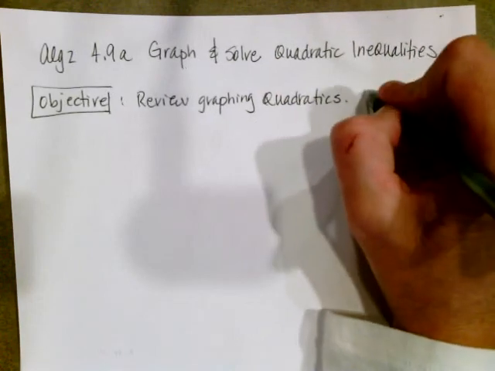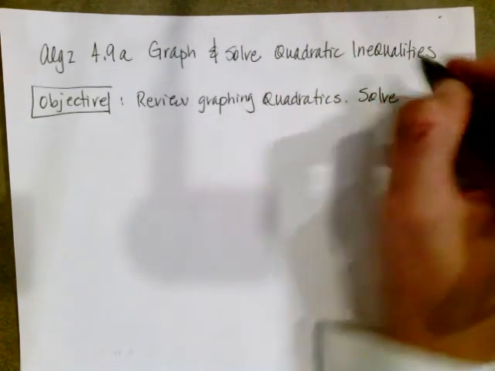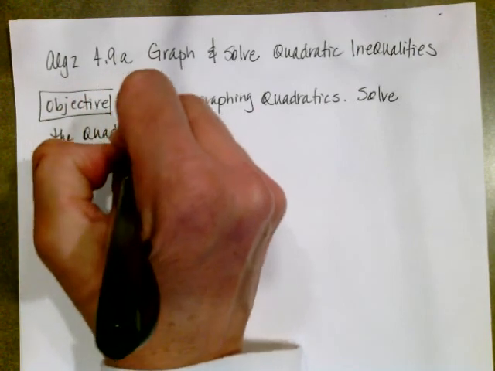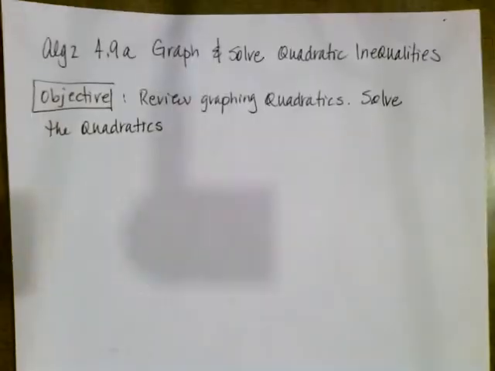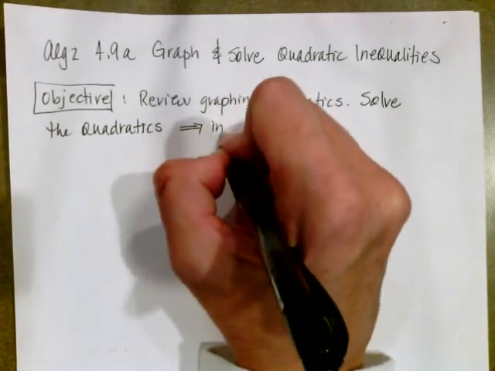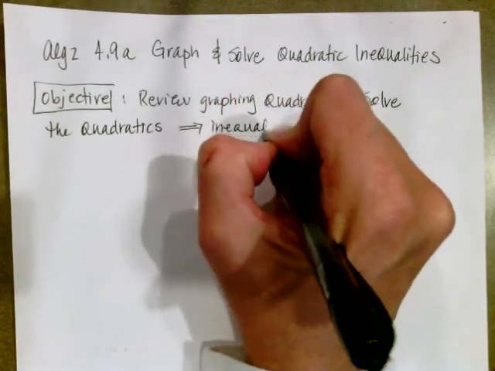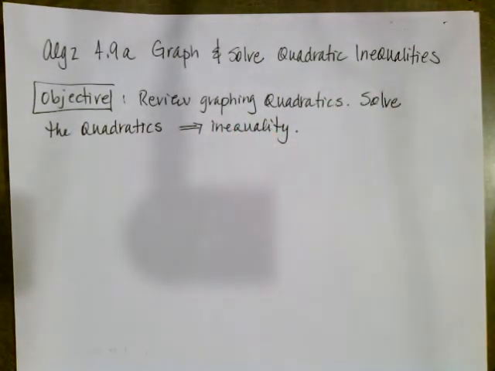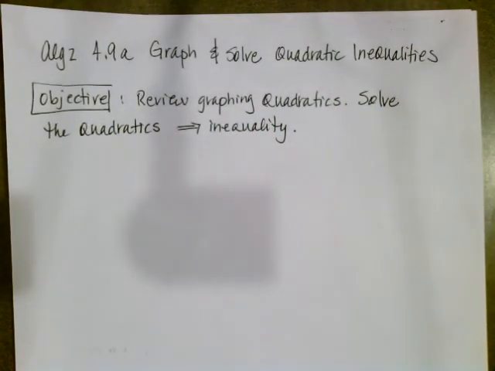Then we're going to solve the quadratics, and we're going to solve those in terms of an inequality. Okay, so that's what we're going to do first. We're going to review our graphing of quadratics, and then we are going to solve some quadratic inequalities.